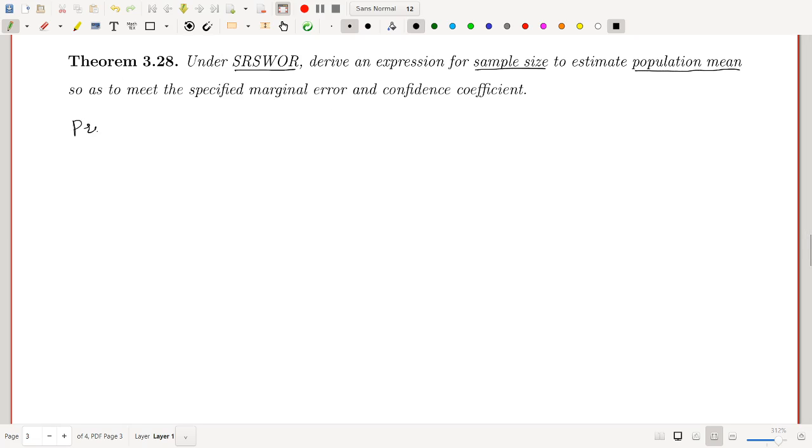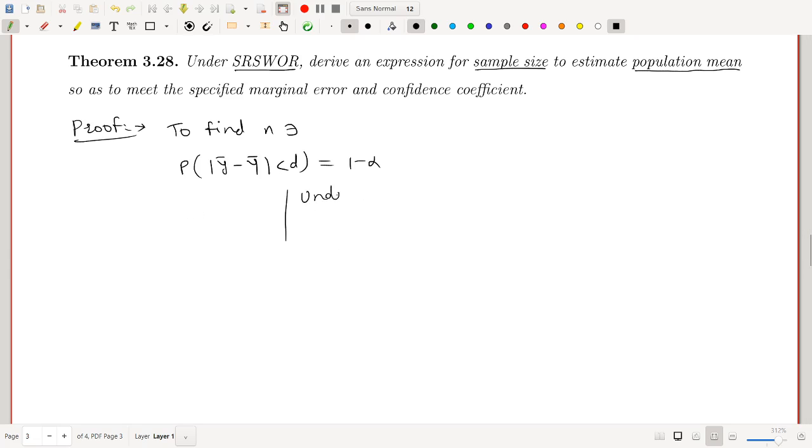So the proof of this theorem: to find n such that probability of the specified marginal error, that is, mod of y bar minus capital Y bar less than d, and the confidence coefficient, means this one.